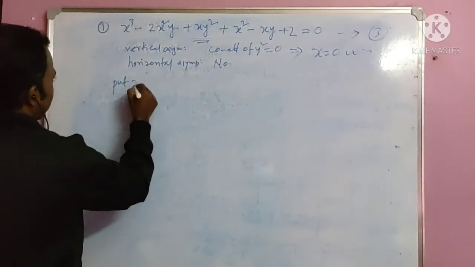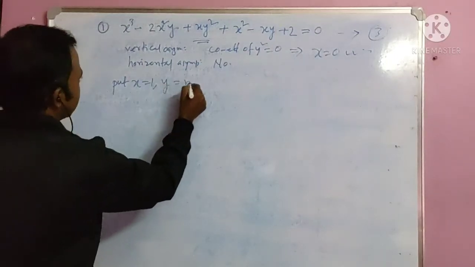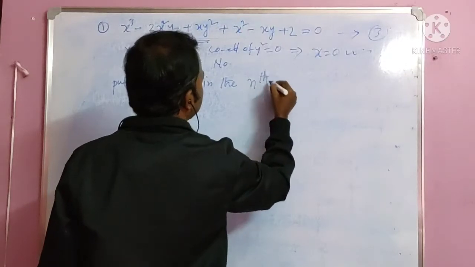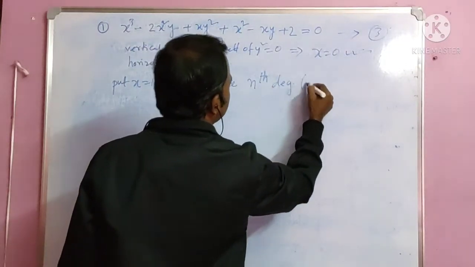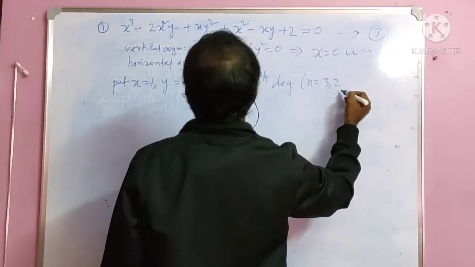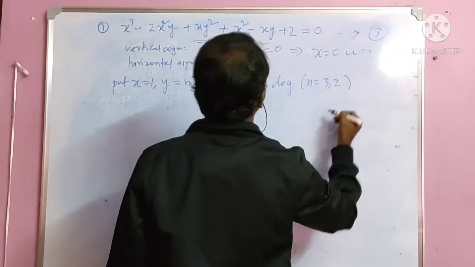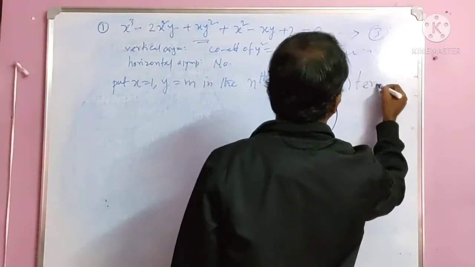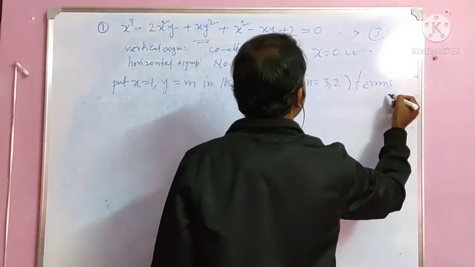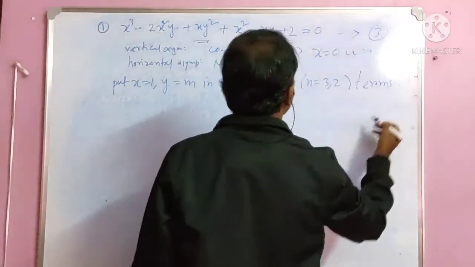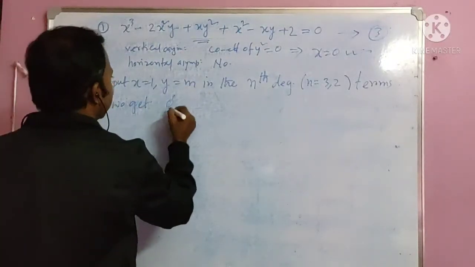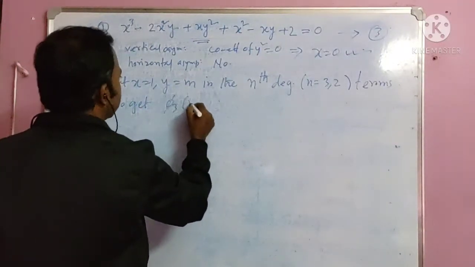Next, put x equals to 1, y equals to m in the nth degree, n equals to 3, terms. We get phi 3 m.